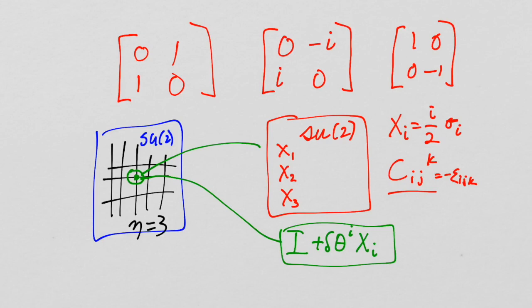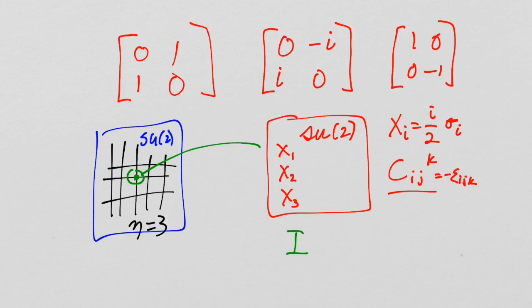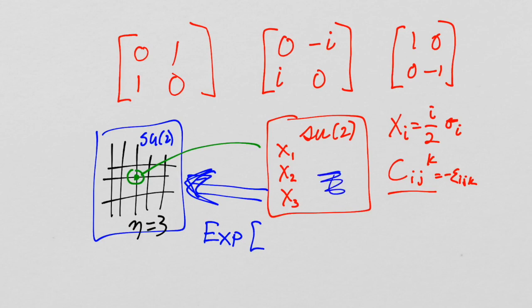Now the question is can we figure out how to determine what the whole group is? We want to map from the Lie algebra to the entire group by exponentiating any member of this.